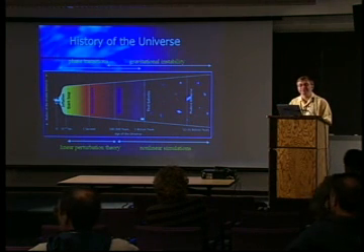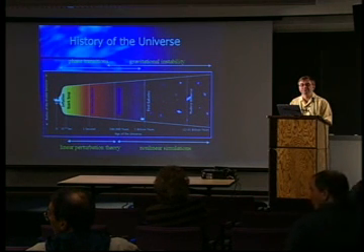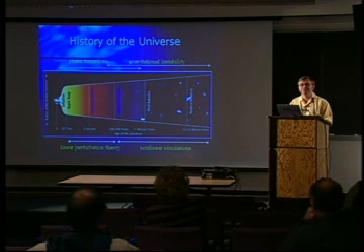Yes? You said that the supercluster filaments were the largest structures. Doesn't that imply that there's an edge to the universe and a center? No, it doesn't. What it implies is that the superclusters are the largest things that can grow by gravitational instability in 14 billion years.